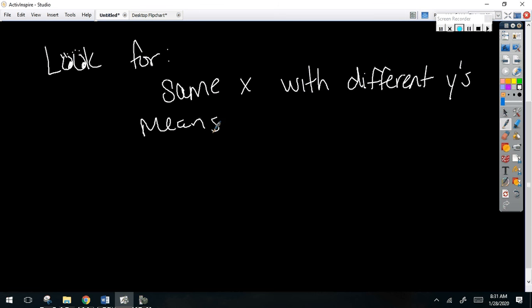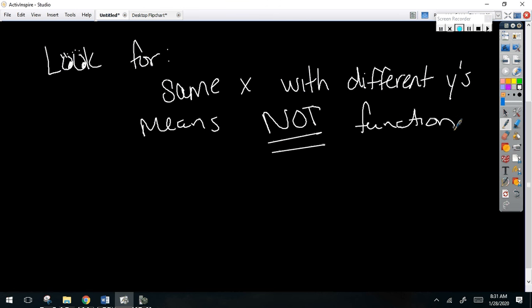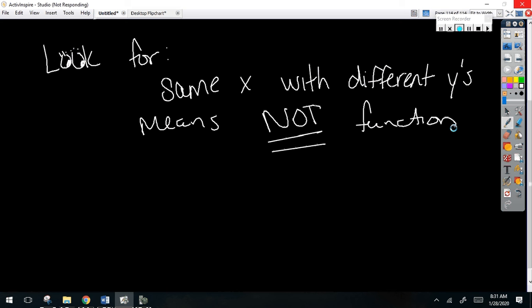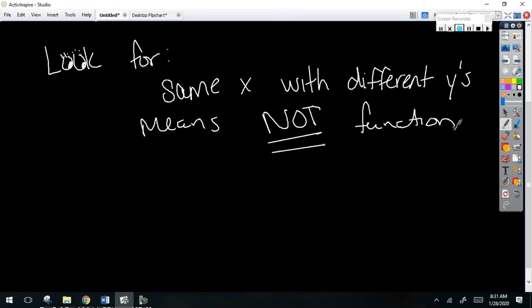That means it's not a function. The same x with different y values means it's not a function. Does that make a little better sense? Yes, Miss McGee? No, Miss McGee. Let me give you another one.